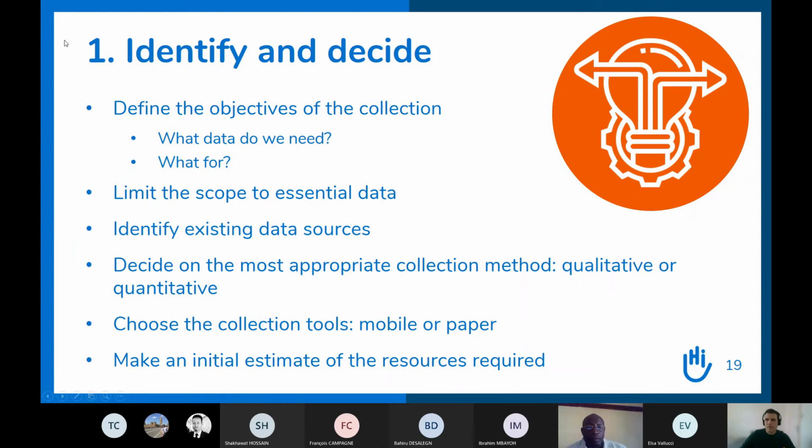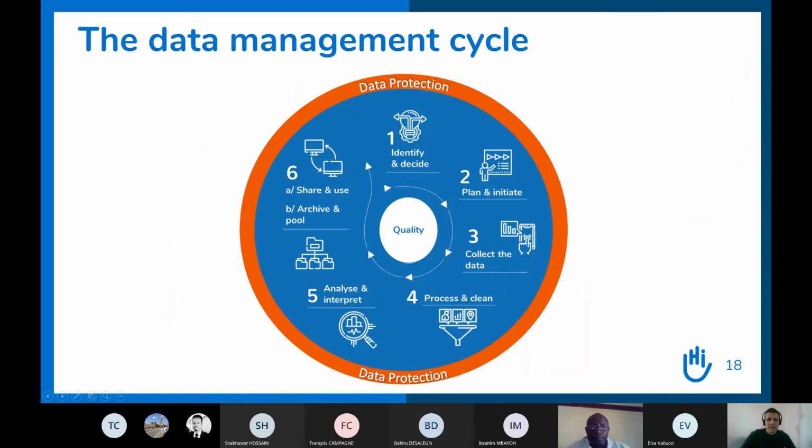Okay, so that was the first step of the cycle. What we did at the beginning of the session when you were not there was talk about a definition of information management, what it is, what are the main objectives, main steps, and then we had some group work to discuss why information management is important.